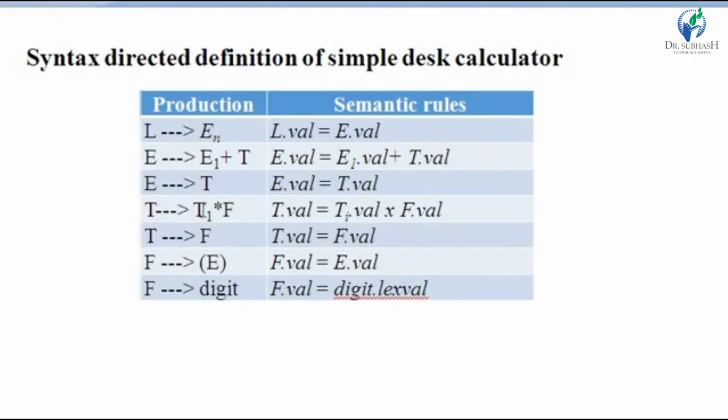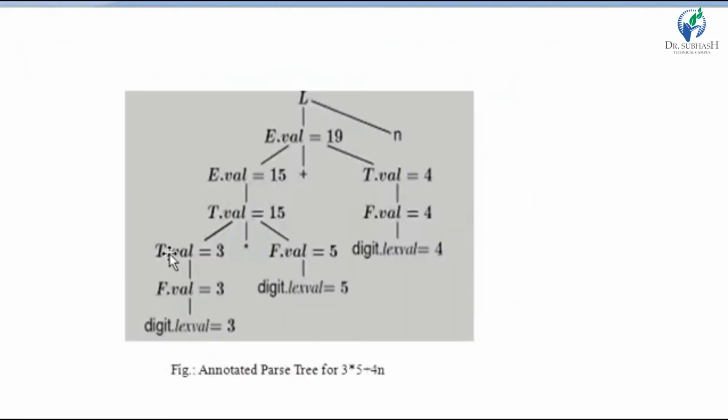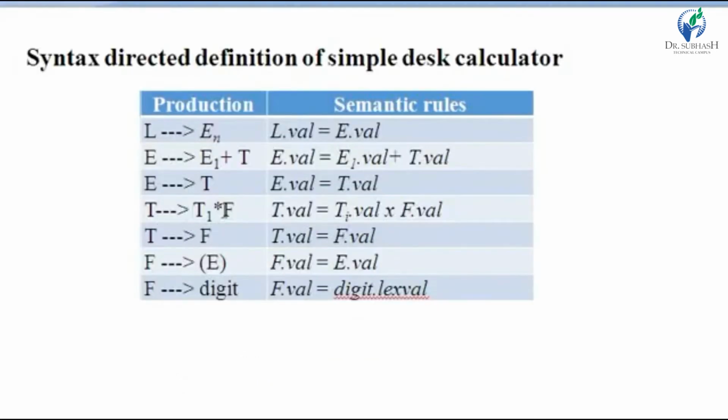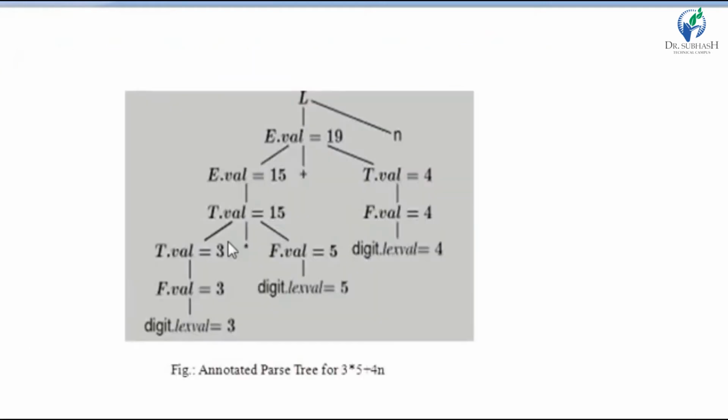Yes, T gives T1 star F. So T1.value into F.value will be stored in T.value. So T.value is equal to 3 into 5, which is 15.